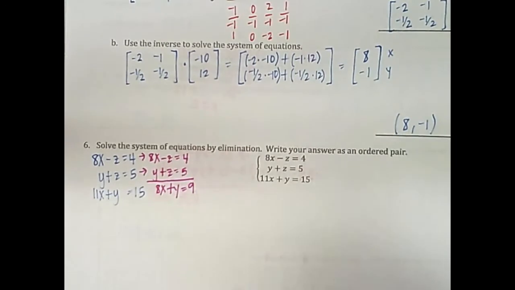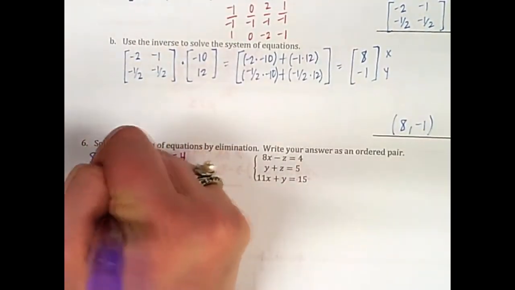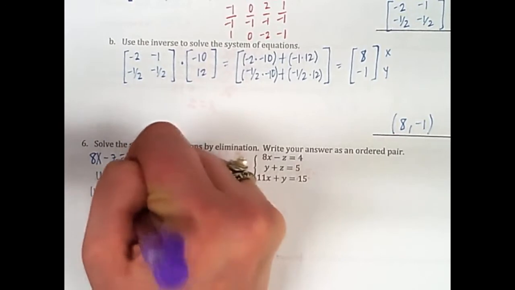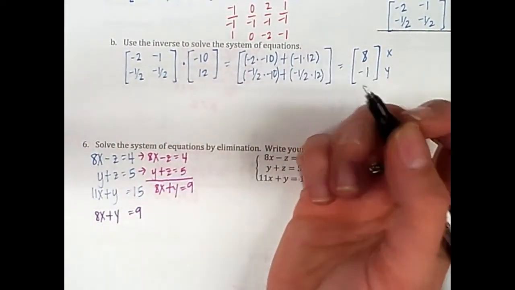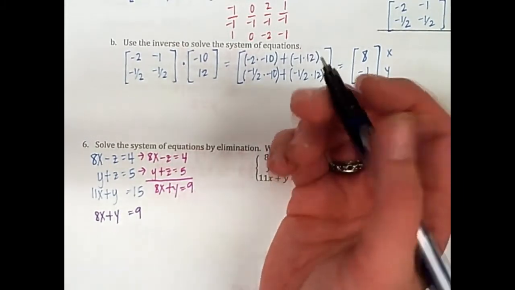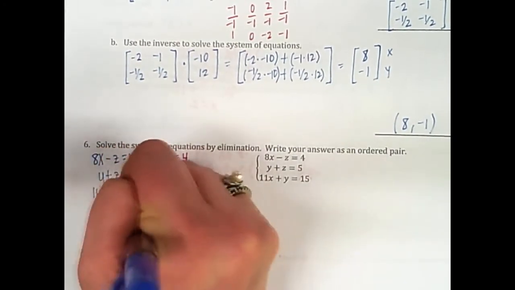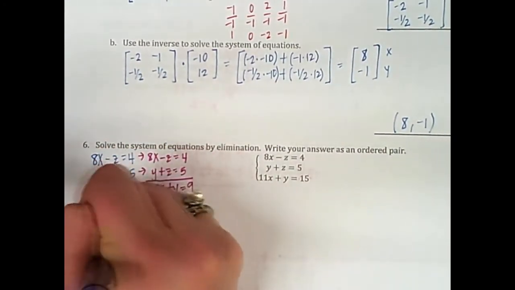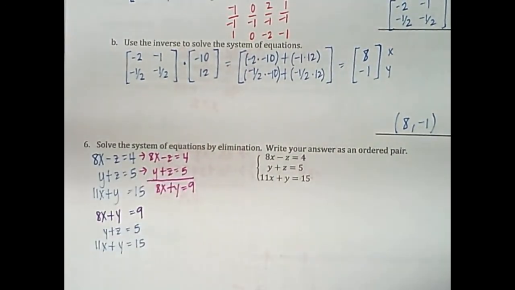So I'm going to replace my top equation with that one. So I am going to put 8x plus y equals 9. The reason why I kept this one is because there are no constants in front. It's just pretty basic, so it's easy to manipulate or plug things into. And I didn't touch the bottom one, so that one stays the same.